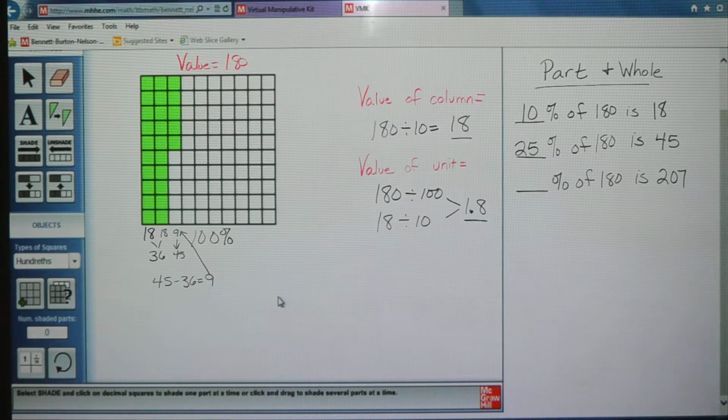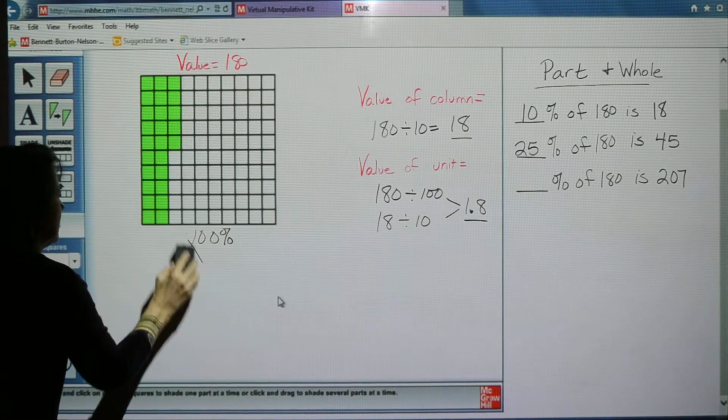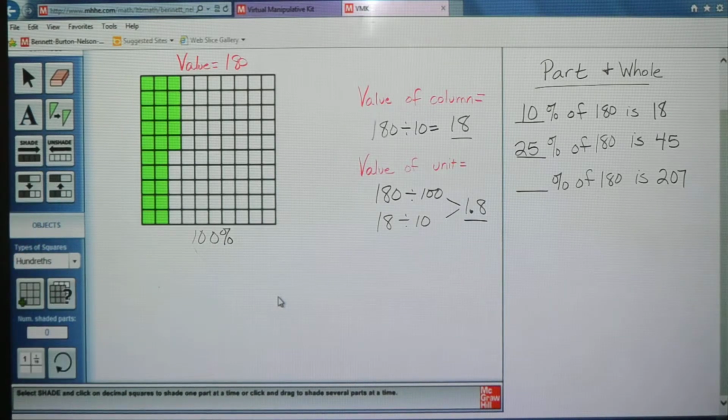The next one. Let's erase some of our calculations here for a minute. All right, I need to find out what percent 207 is. Well, what do we know? We know that this whole block, if we color it, is worth 180.